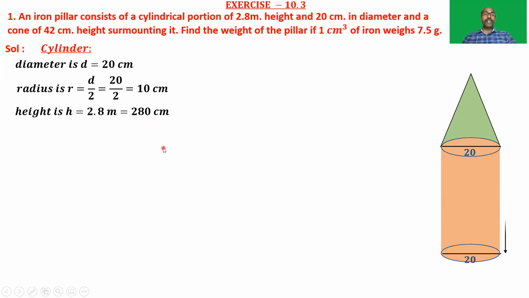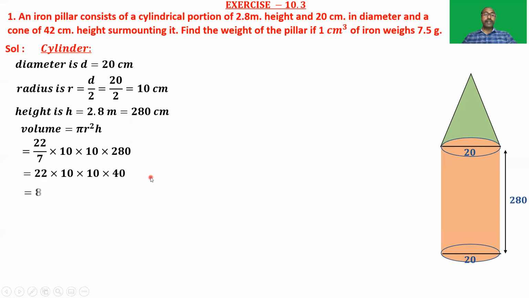Now the volume of the cylinder is pi r square h. Substitute pi is equal to 22 by 7, r is 10 and h is equal to 280. Then we get the volume as 88,000 cubic centimeters. So the volume of the cylinder is 88,000 cubic centimeters.